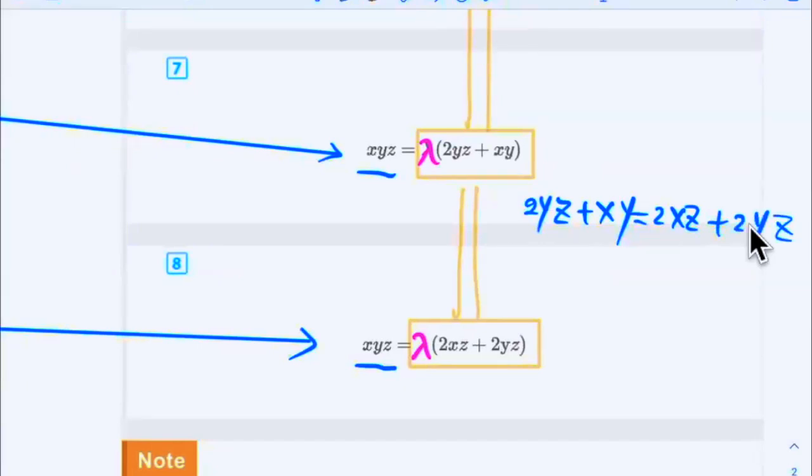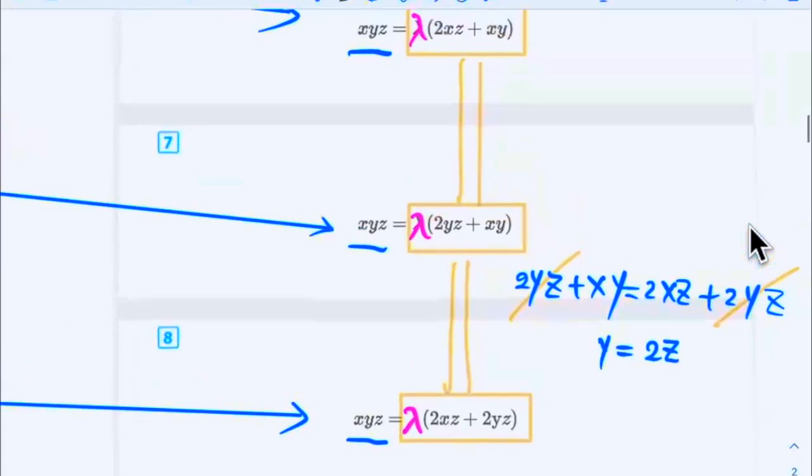And we can cancel out this 2yz, right? Okay. And then we can divide both sides by x. And what can we say about the y? y is equal to 2z, right? Okay. So y is equal to 2z from this.